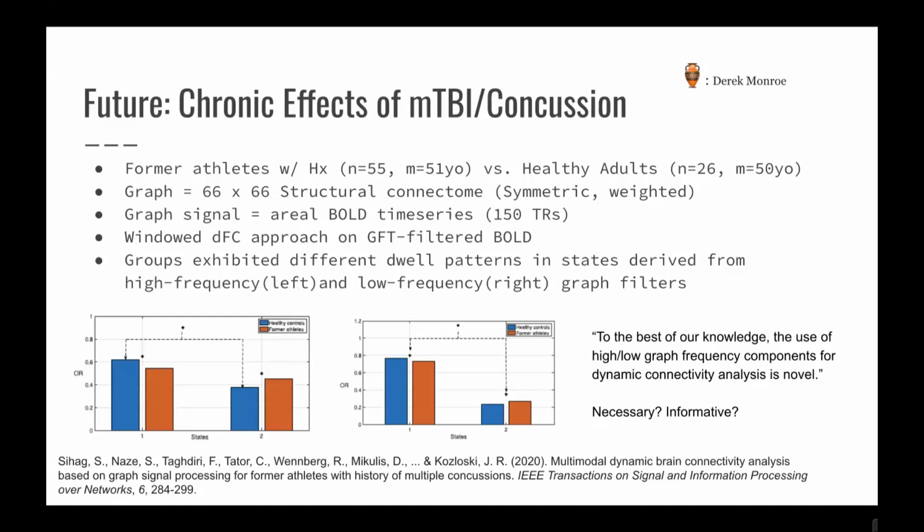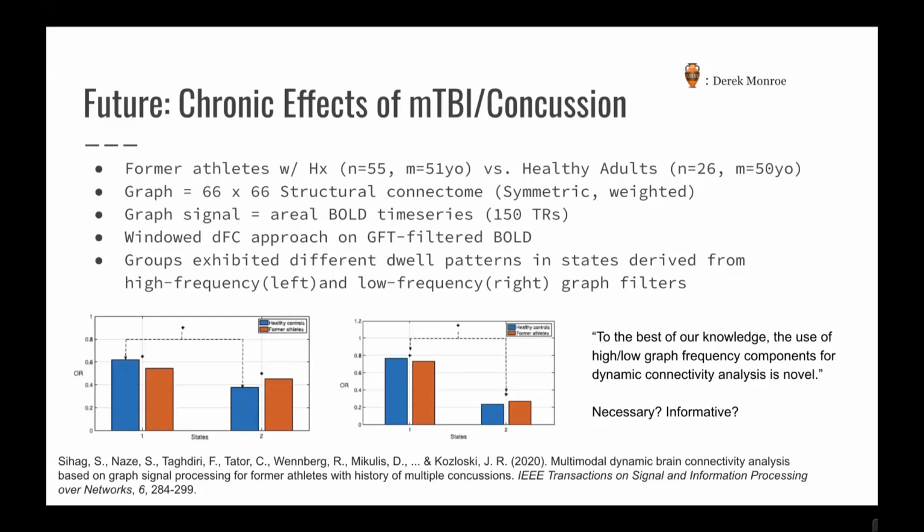And then they did something interesting that I'm sure many of you experts on the call would want to know more about, in that they took a windowing approach to compute dynamic functional connectivity on the GFT filtered BOLD signal. They claim in the discussion that they believe this to be one of the first uses of this graph filtering technique to compute dynamic functional connectivity.